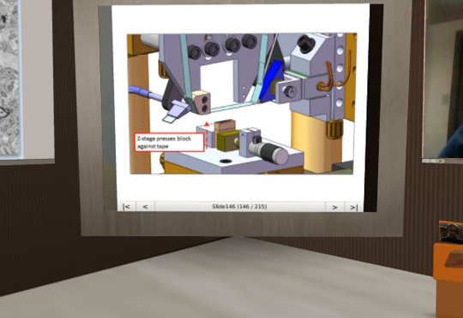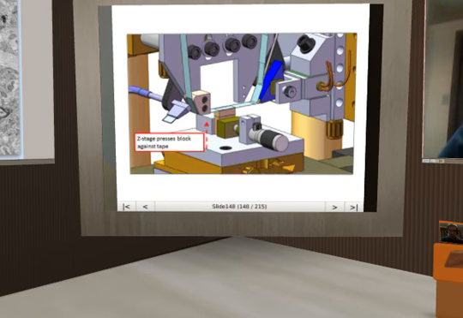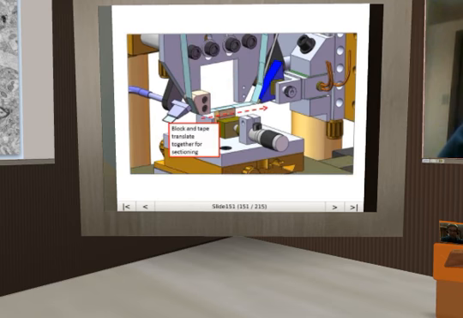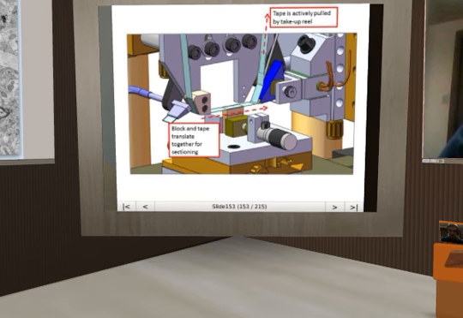The Z stage presses the block against the tape. The heat applicator head raises the temperature to 120 degrees C for a few seconds, which sets the adhesive. And then it lowers the temperature back down. The block and the tape then translate together because they're stuck together at this point, and the tape is actively pulled up by the take-up reel.